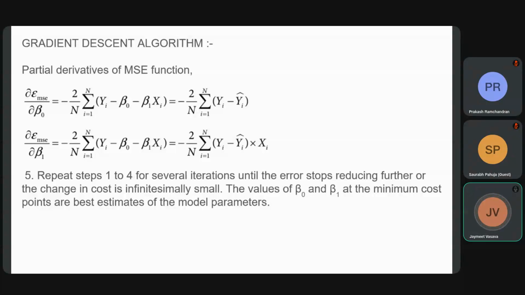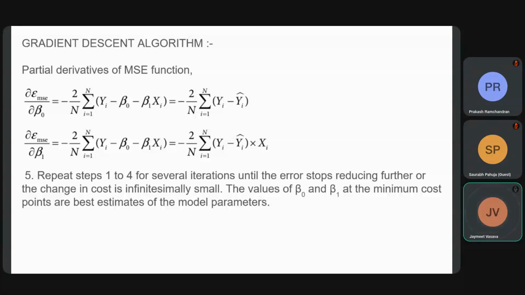The same goes for beta 1: minus 2 by n, the difference between the actual and the predicted values times the record or observation of the data set, xi, for all the values within the data set.